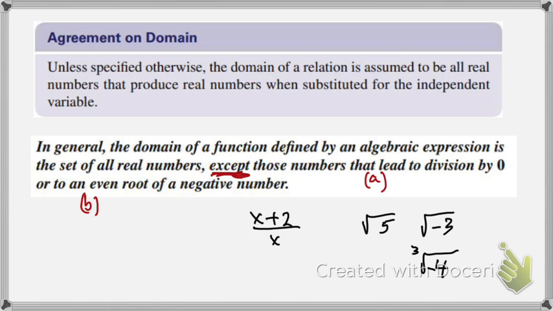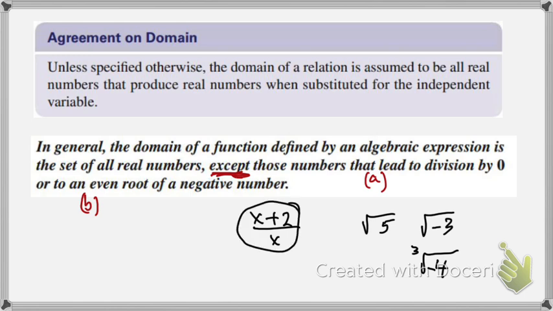Now, what are the exceptions? Well, those are down here. At this point, we need to stop. We got 2 exceptions. There might be more later on, but right now, we're going to assume that the domain is all real numbers, except when what? We get a division by 0. Look right here.